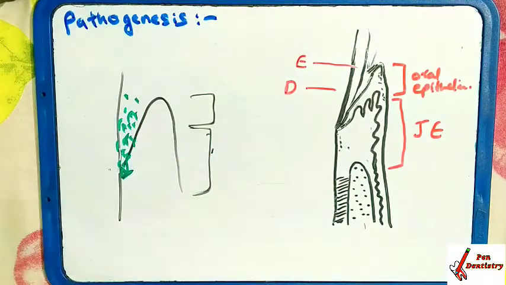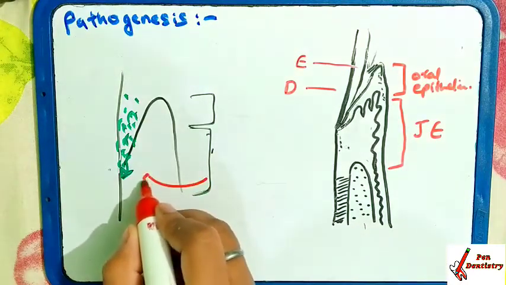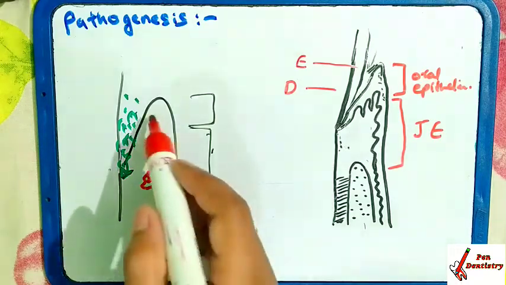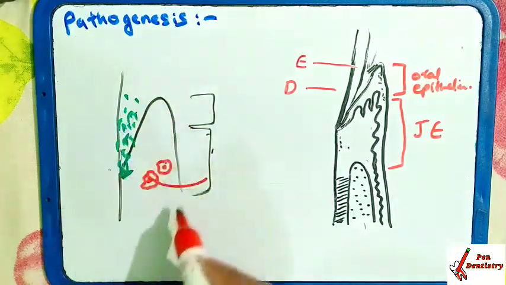At that time, the neutrophils are going to migrate inside this junctional epithelial region.